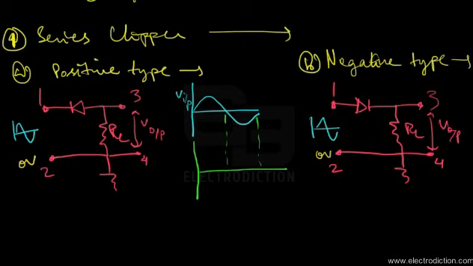Whenever the first positive half of the input signal arrives at terminals 1 and 2, terminal 1 has a positive voltage compared to terminal 2, and the diode in this case is reverse biased. As a result, it behaves as an open circuit element, so no current flows through the circuit and the output voltage is 0 during the first half cycle.